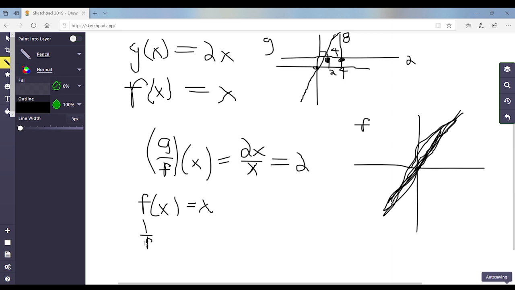So you have 1 over f of x equals 1 over x. And then later we're going to multiply it by g of x in order to get g of x over f of x, which is the same thing as this, as we discussed in the last video.